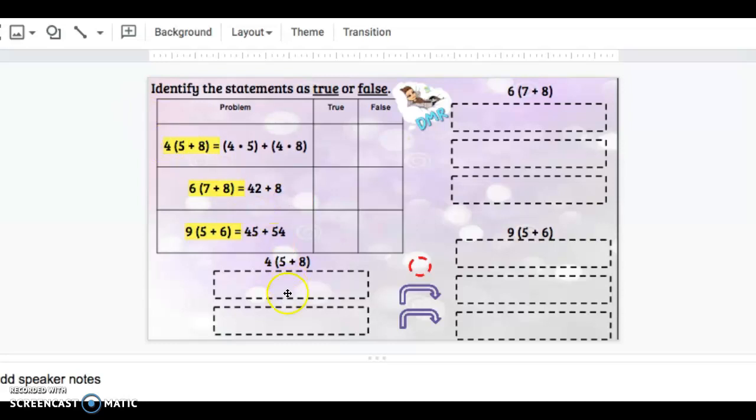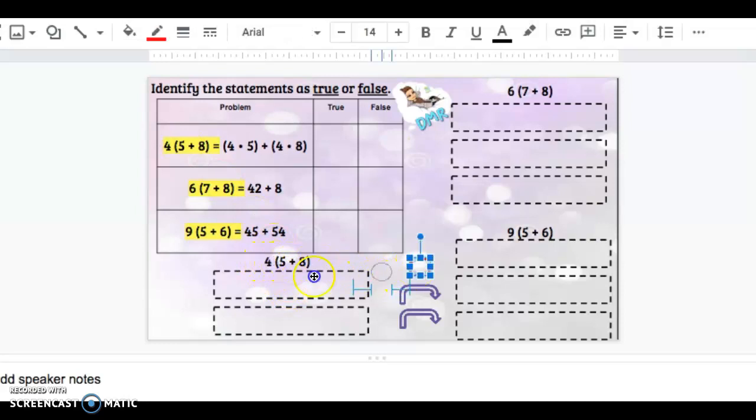Okay, so let's start with the first one. 4 parentheses 5 plus 8. So again, you circle your outside number. You go trick-or-treating, or your friend goes trick-or-treating, and then you go trick-or-treating.